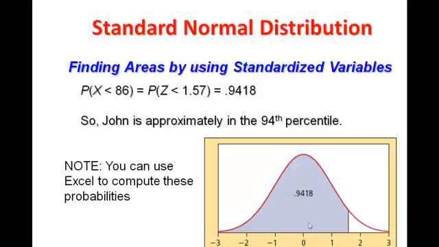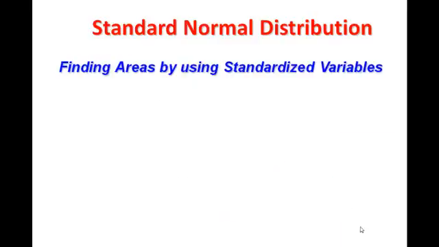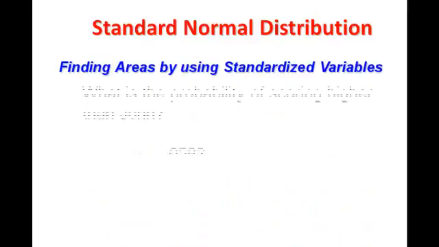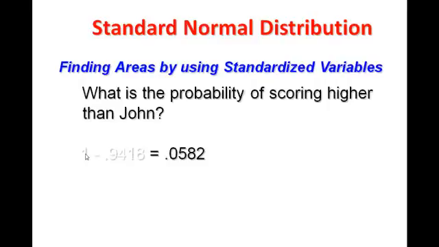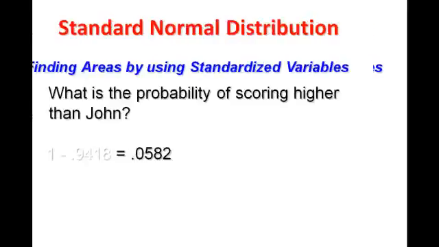If the probability of scoring at most as high as John was 0.9418, how do we get that one? The answer is we just subtract it from 1. So, 1 minus 0.9418 tells us the probability of scoring higher than John. In this case, there'd be about a 5.82% chance of doing better than John did on the exam.